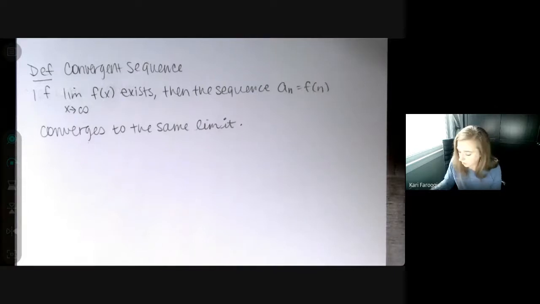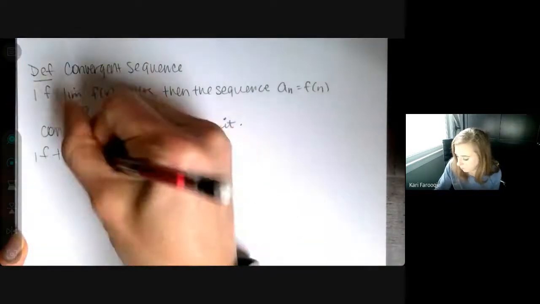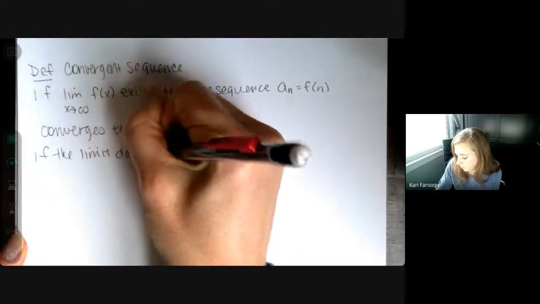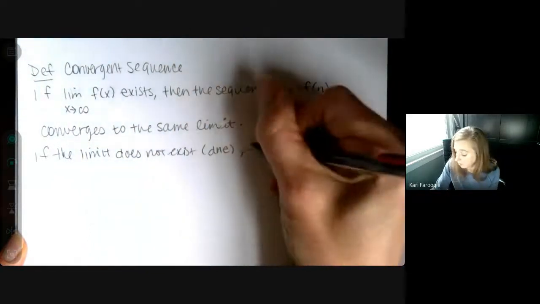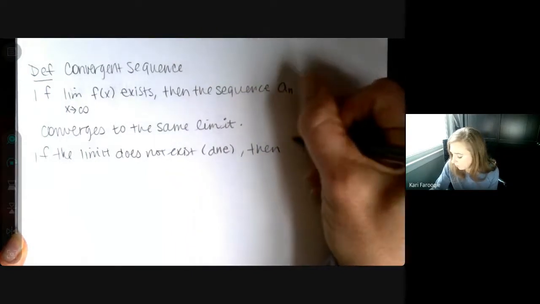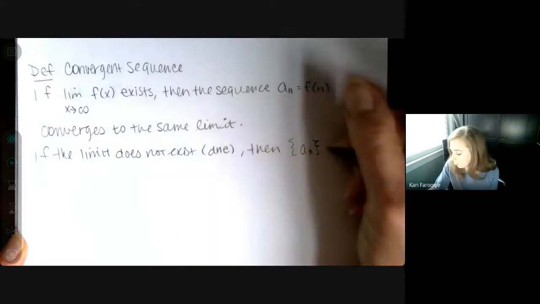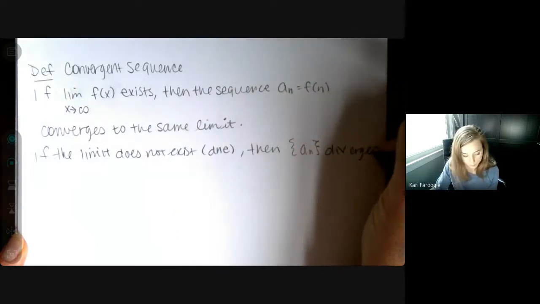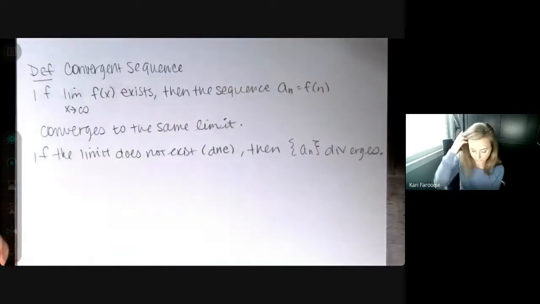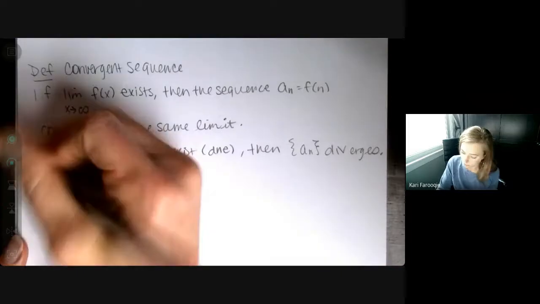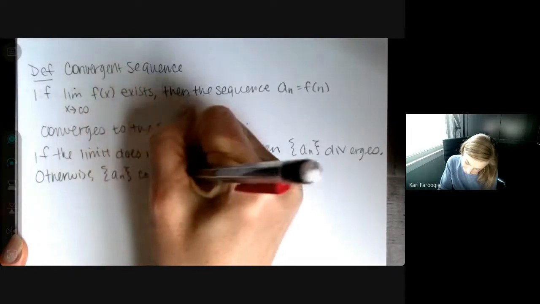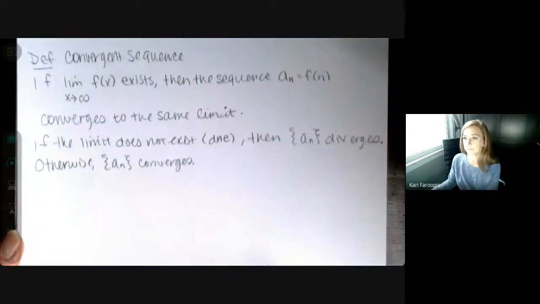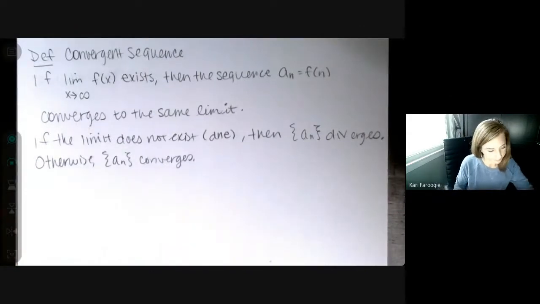If the limit does not exist, remember we usually would say DNE in that case, then we would say that your sequence a sub n diverges. Otherwise your sequence converges. Okay. So we have that.